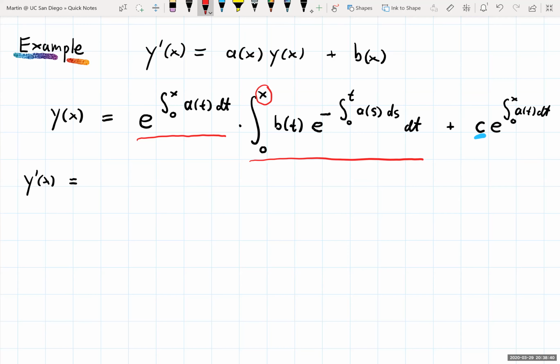For the first factor, we have the exponential function and we compute the derivative of this integral. And that's actually fairly simple.